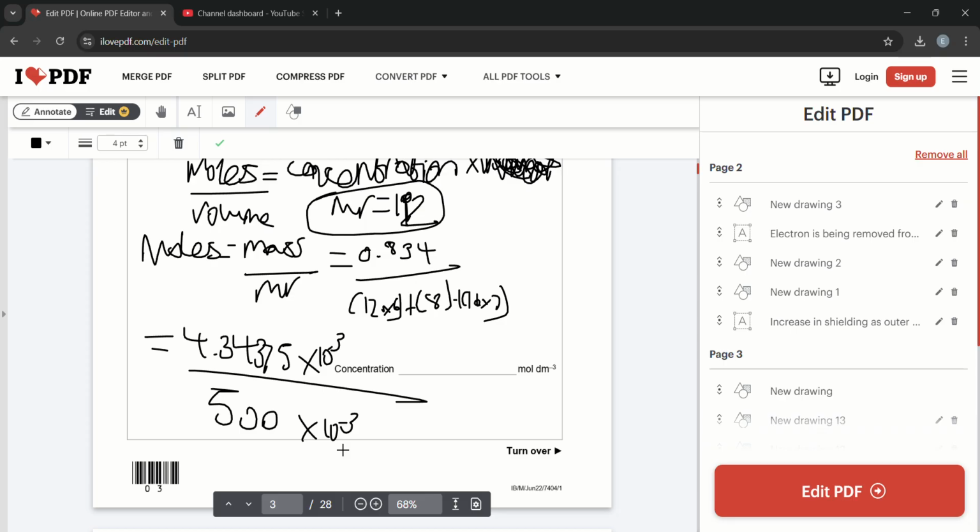And we get 4.34375 times 10 to the power minus 3 divided by 500 times 10 to the power minus 3. And I get 8.69 times 10 to the power minus 3.